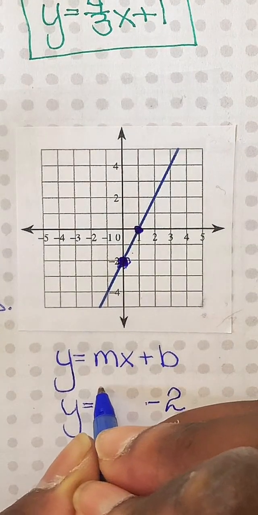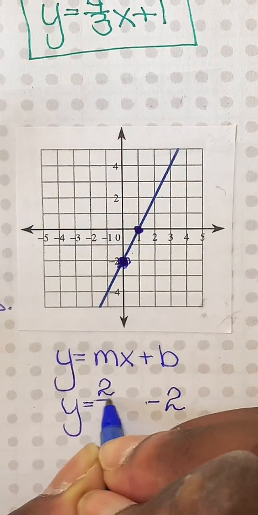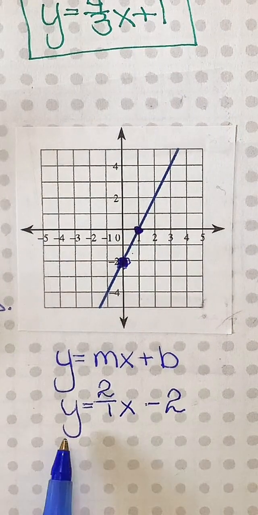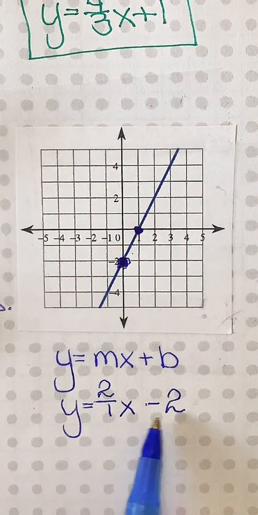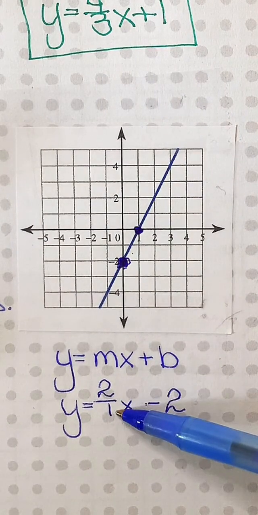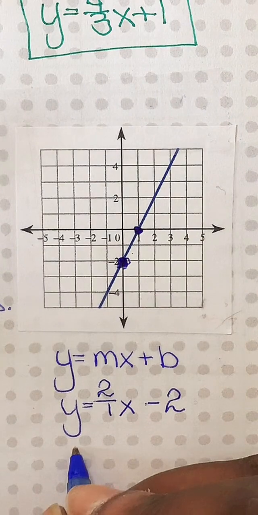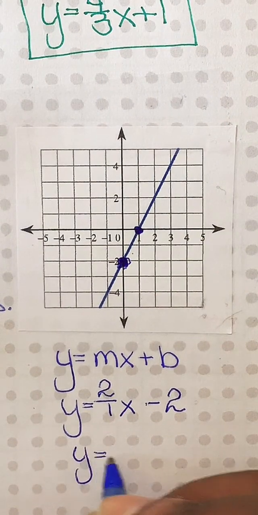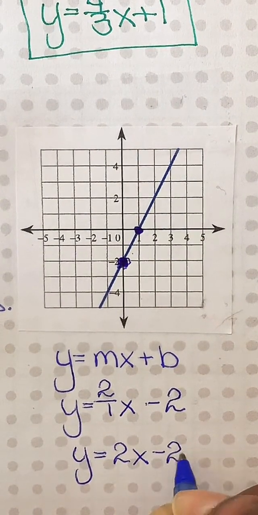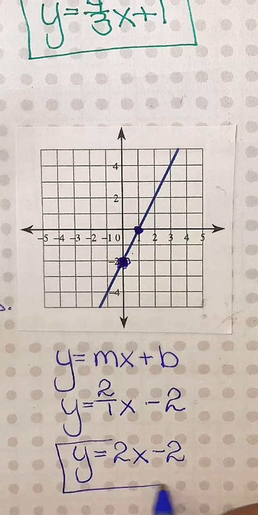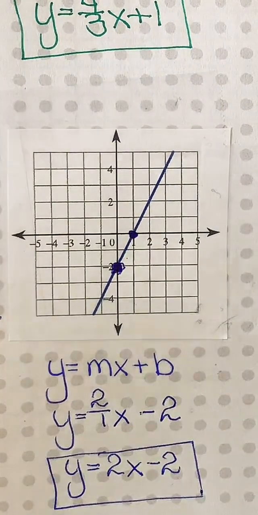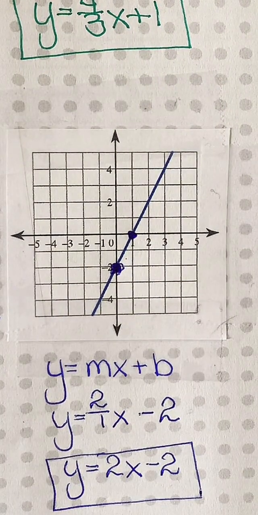So if I go up 2 and over 1, I can say my line is y equals 2 over 1 x minus 2, or anything divided by 1 is itself. So I can say y equals 2x minus 2. Yeah, because they're counting by ones. Yep, rise over run.